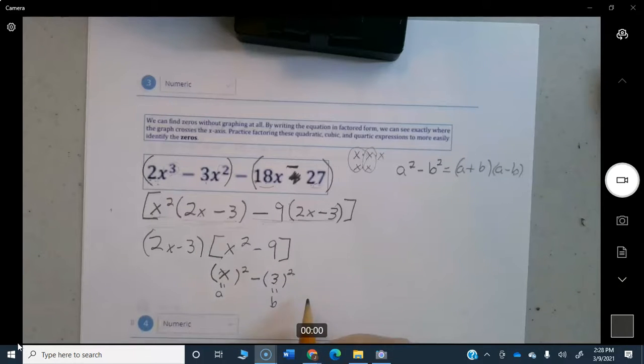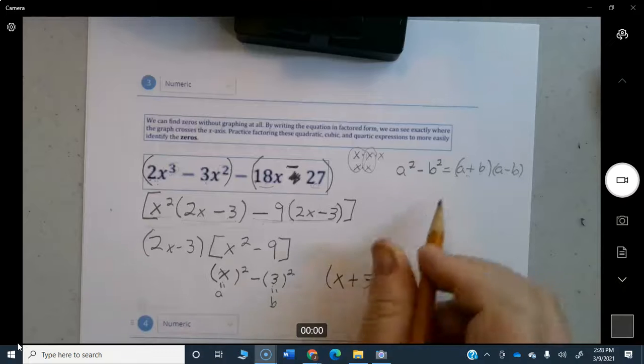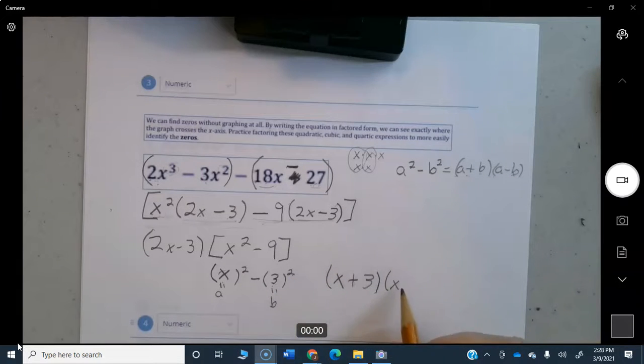So that means that a squared minus b squared is going to be a plus b, x plus 3, because this is your a and this is your b, x plus 3 times x minus 3, a minus b, is the fully factored form of this.